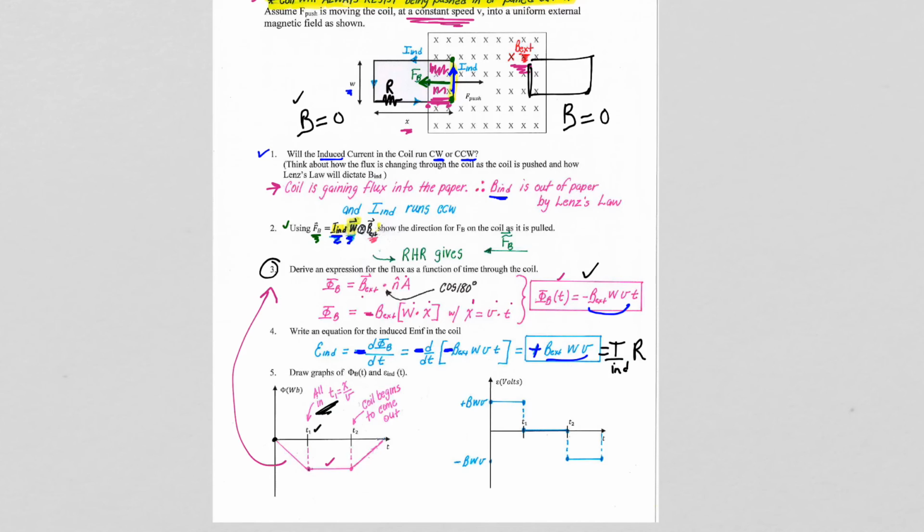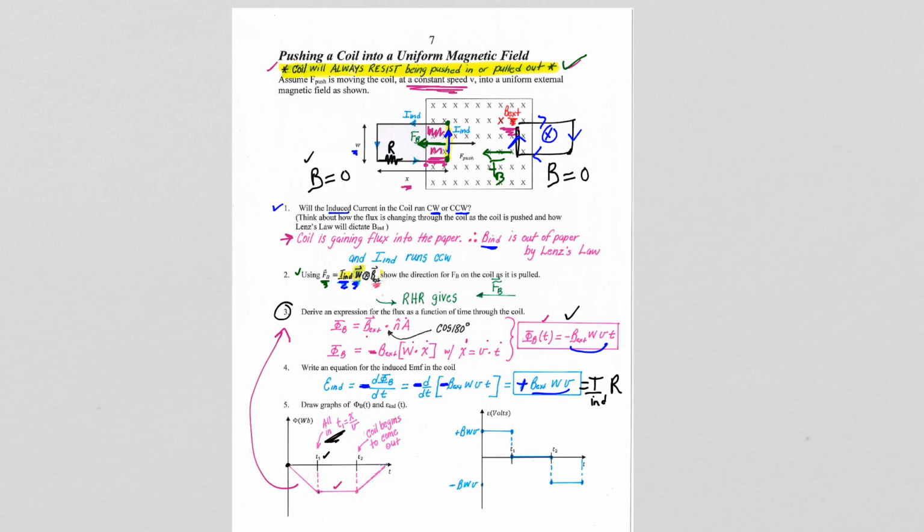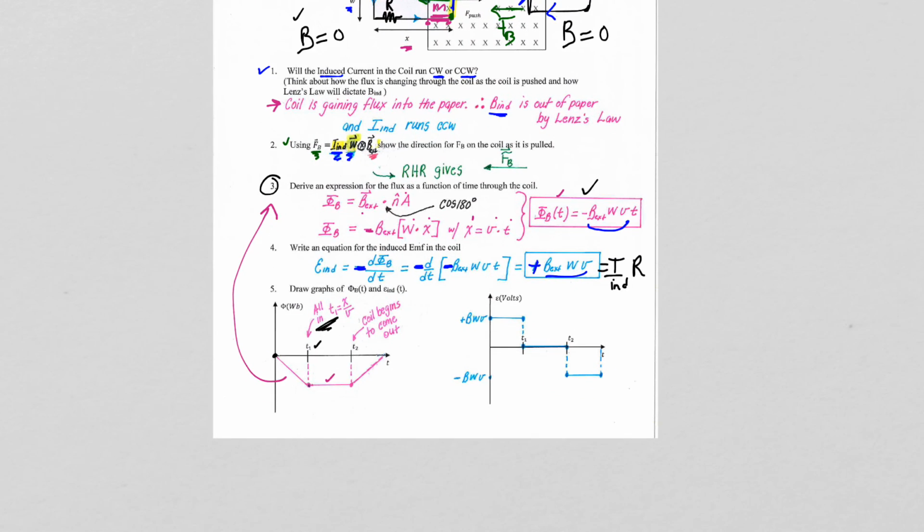So I induced wants to be into the paper, so we have IL cross B. Now the induced current is going to run in this direction, and when we do IL cross B, our magnetic force is going to be to the left, again resisting, as we said, the coil being pulled out. So the flux is now positive.